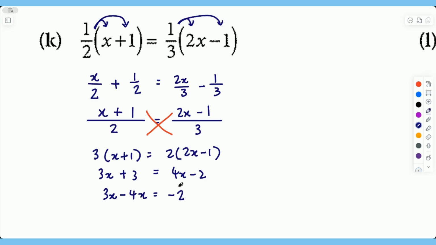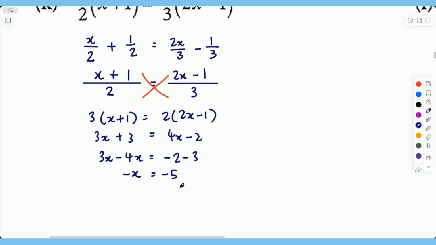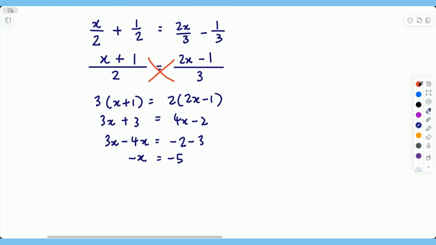Bring over positive 3 becomes negative 3. 3x minus 4x is minus x, and is equals to negative 5. And if we think about it, by dividing both sides by negative 1, because whatever you do to the left side, you need to do to the right side, that will give us x is equals to 5.